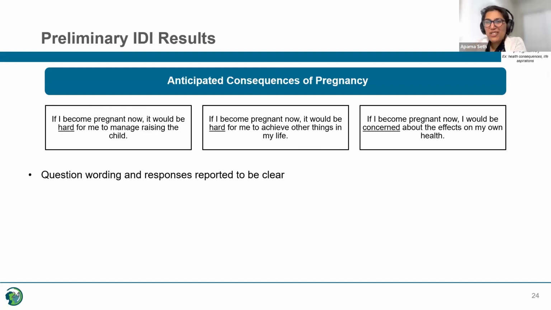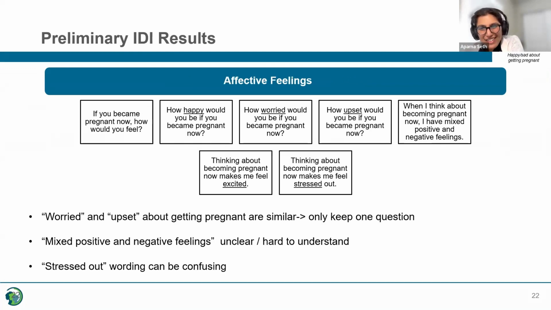Yeah, I actually did not include the response options here for space, but we are using Likert scale options for all of these test questions that we have right now. So for instance, like this one, thinking about becoming pregnant makes me feel excited. So this is a strongly disagree to strongly agree scale.